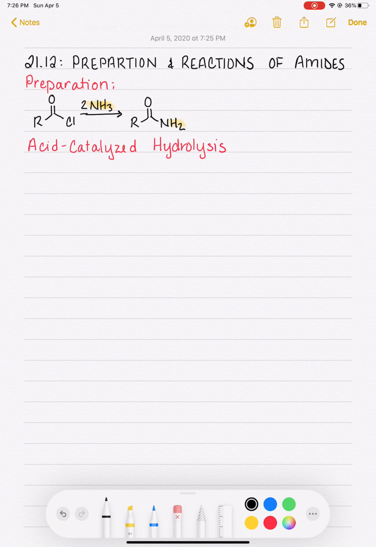The hydrolysis reaction is between the amide, and I'm going to write it using NH2, but it could be a substituted nitrogen as well. So there could be 1 or 2 R groups on the nitrogen. Acid catalyzed means that we're doing this with H3O+. This reaction does require a little bit of heat, and it turns the amide into a carboxylic acid.